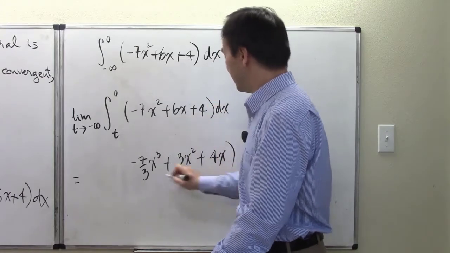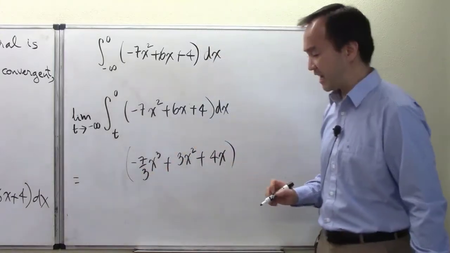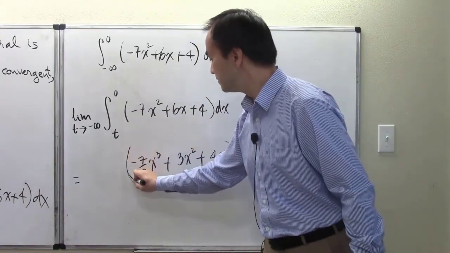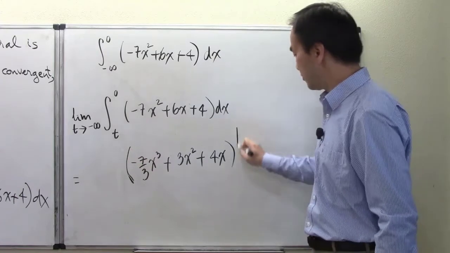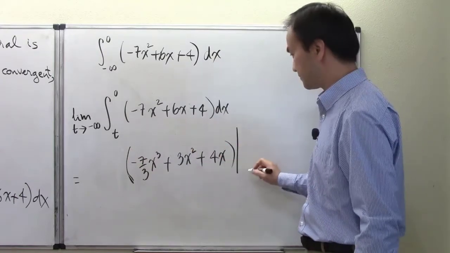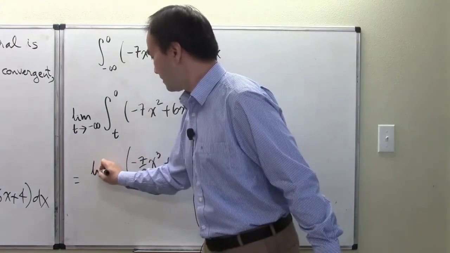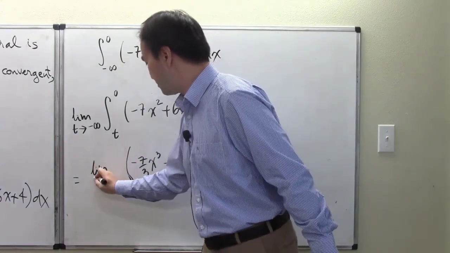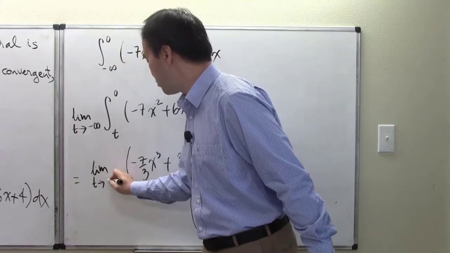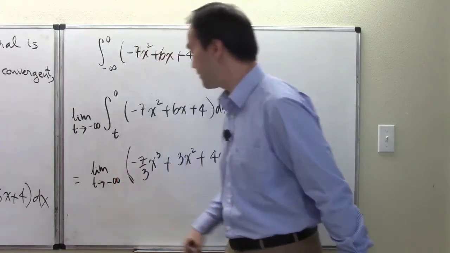Okay, it's a polynomial again for being the antiderivative of our current function there, and then we need to evaluate this from t to 0, and on top of that, we're letting t approach minus infinity.